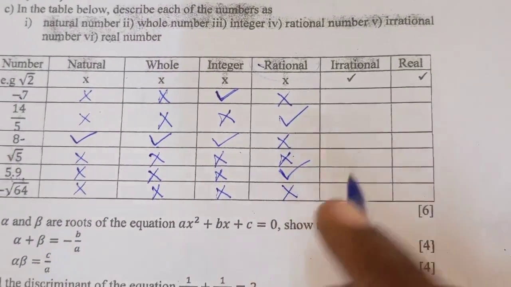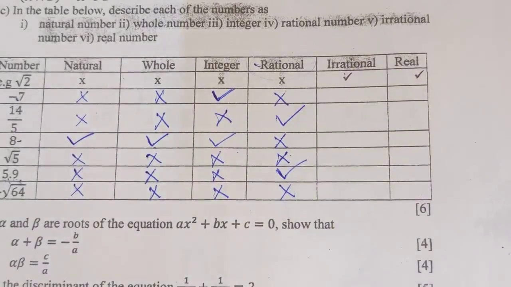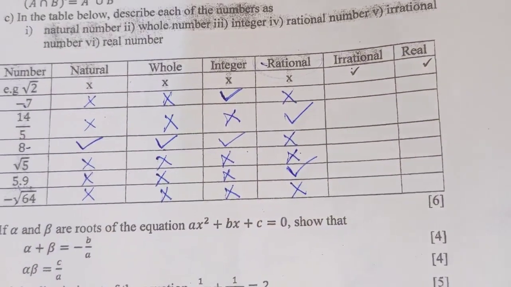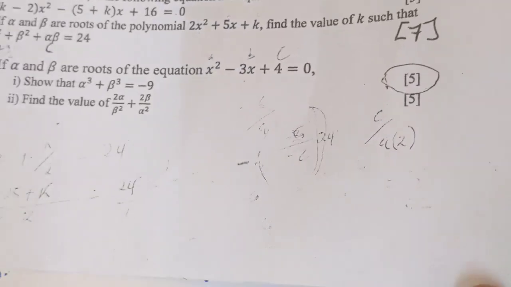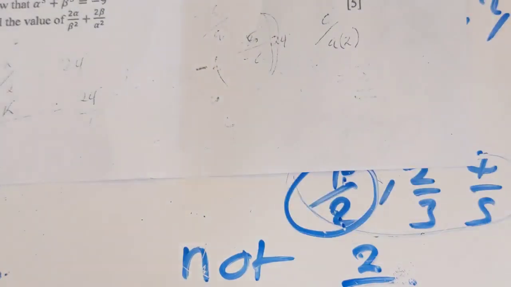Okay. So what about irrational numbers? What are irrational numbers? Okay, so irrational numbers are numbers whose decimals do not come to an end. Whose decimals do not come to an end. That is what irrational numbers are.